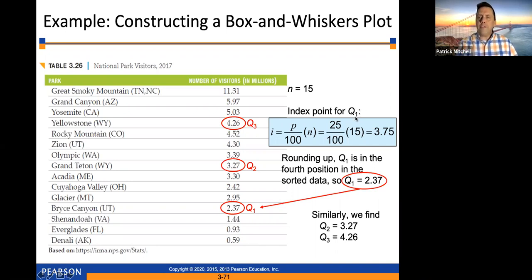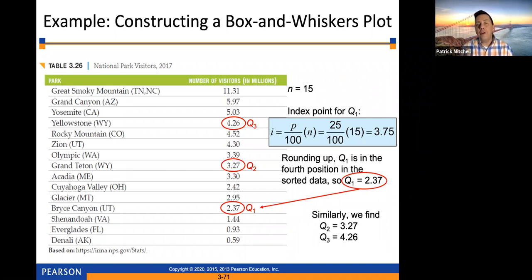The index point for the first quartile would be 25% of 15, which is 3.75. Since that's not a whole number, we'll round it up to 4. So the fourth number, starting from the smallest number on the list, would be 1, 2, 3, 4. That would be the 2.37. So the first quartile is 2.37.